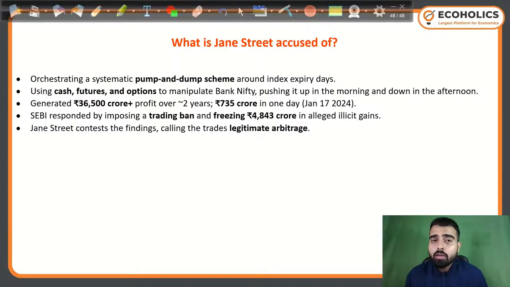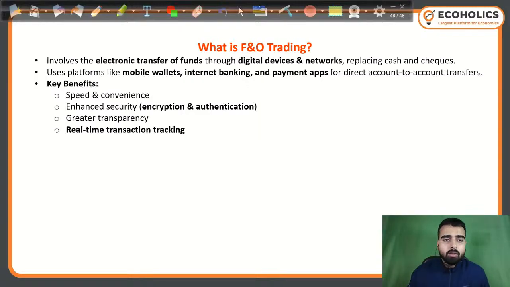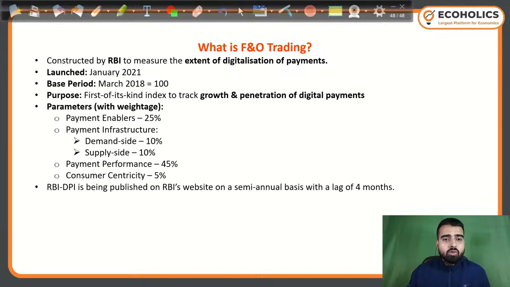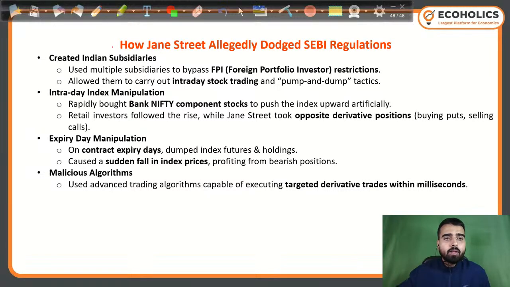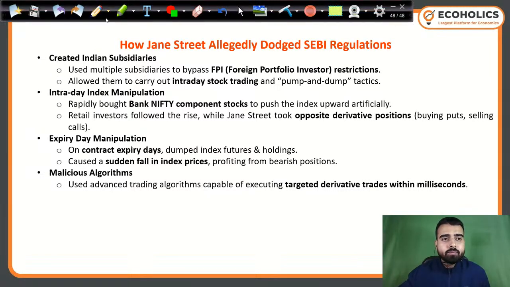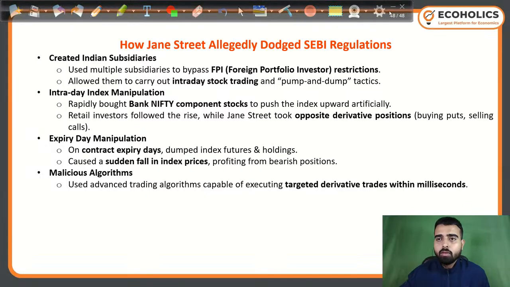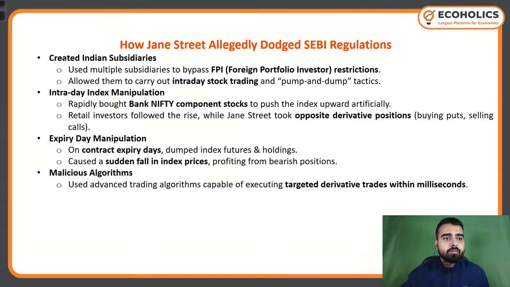That's why SEBI has closed their way to intraday trading in India's stock market, but they reached intraday trading. How did they reach it? What they did, they created Indian subsidiaries.